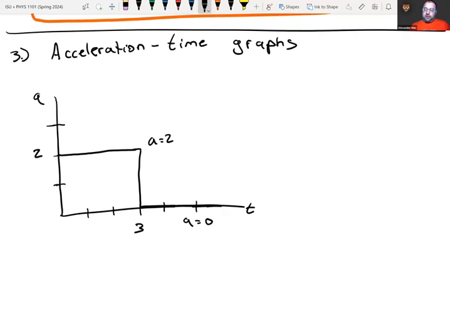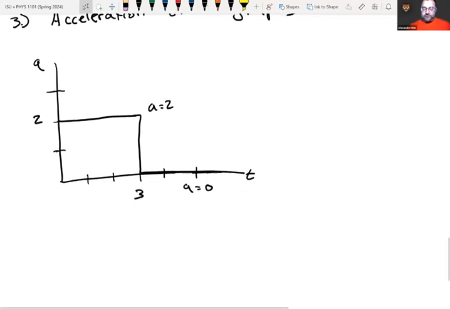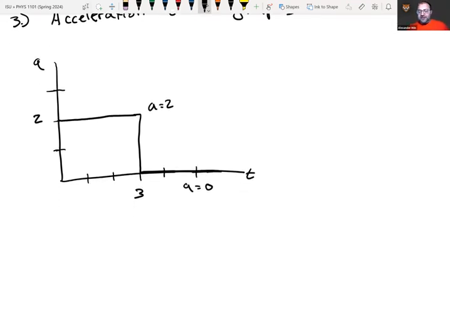Well, the main thing to take away from this is that if you're accelerating at 2 meters per second squared for 3 seconds, your velocity changed by a total of 6 meters per second. Okay. So each second, an acceleration of 2, and I'll put units here, meters per second squared in seconds. An acceleration of 2 meters per second squared says that each second your velocity changes by 2 meters per second.